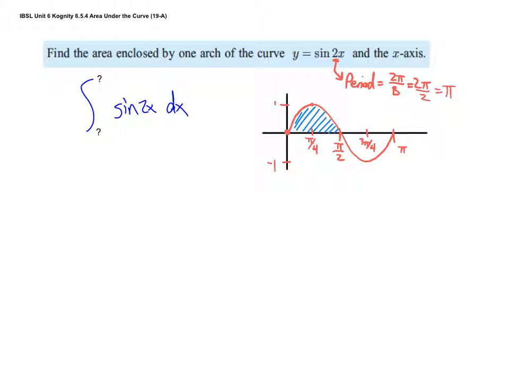So, why did we have to go through all that? Well, that's how we know what the bounds are for our interval. So, I'm going to go from 0 to pi over 2. Now I can take the integral.